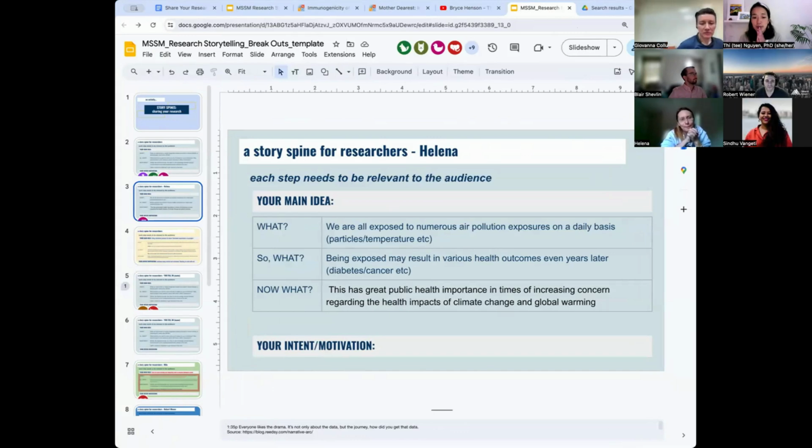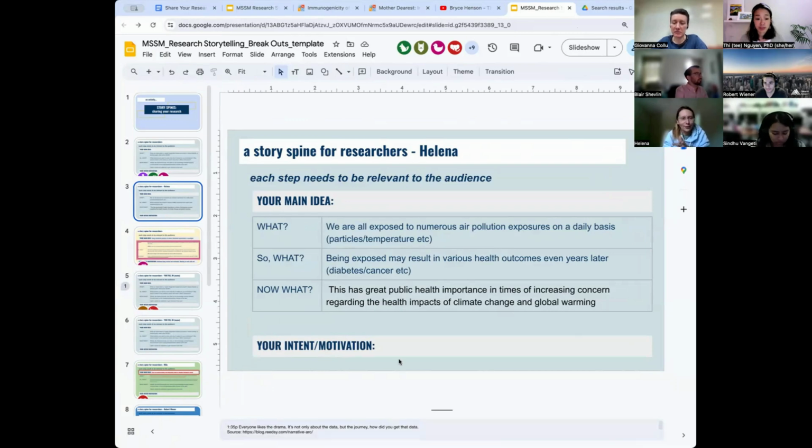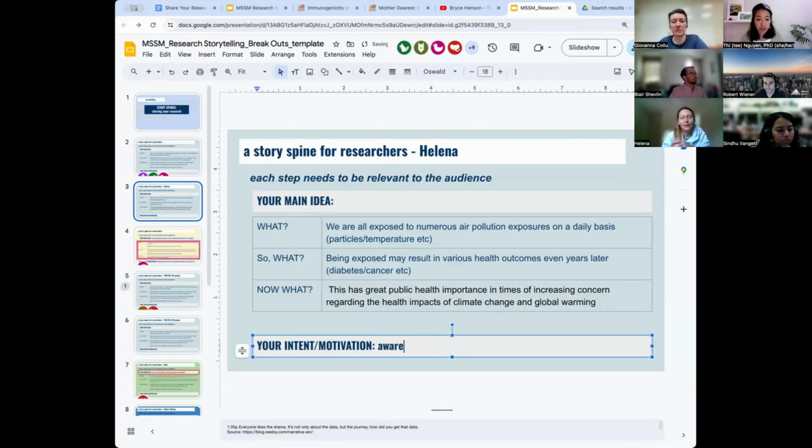Okay, before you start, what is your intent for us as the people listening to your outline? Well, I want to make people more aware of day-to-day exposures, in order to prevent, and change behavior.